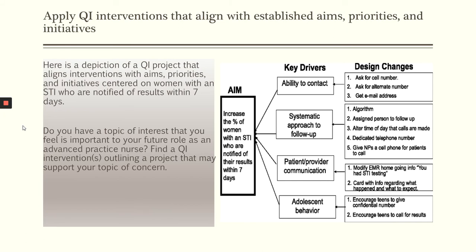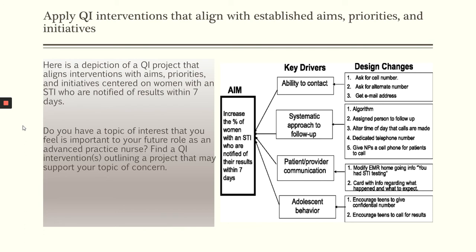So this is how we're going to start designing the change. To enhance patient-provider communication, we're going to modify the EMR home-going info. You had STI testing, and they're going to be given a card with information regarding what happened and what to expect. Very, very important.